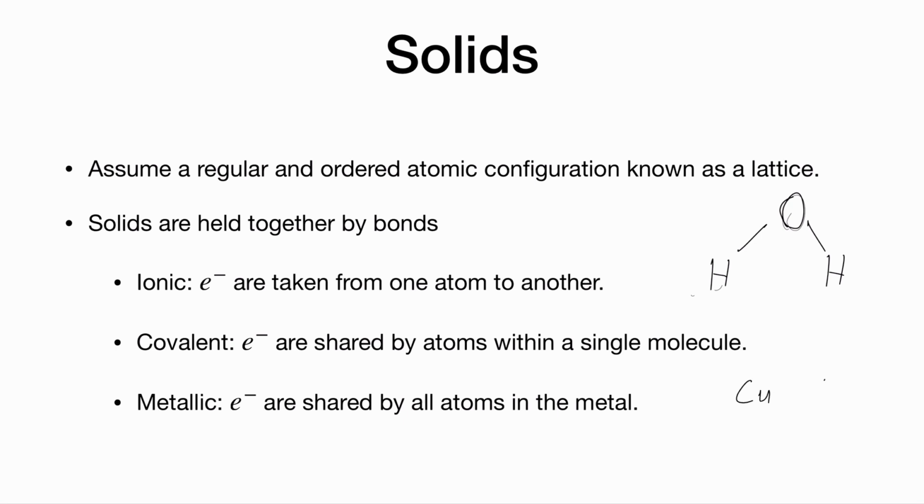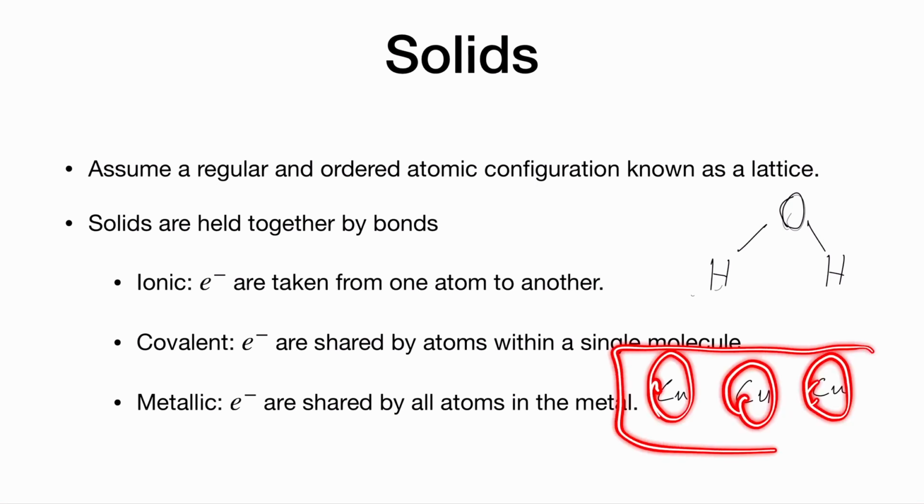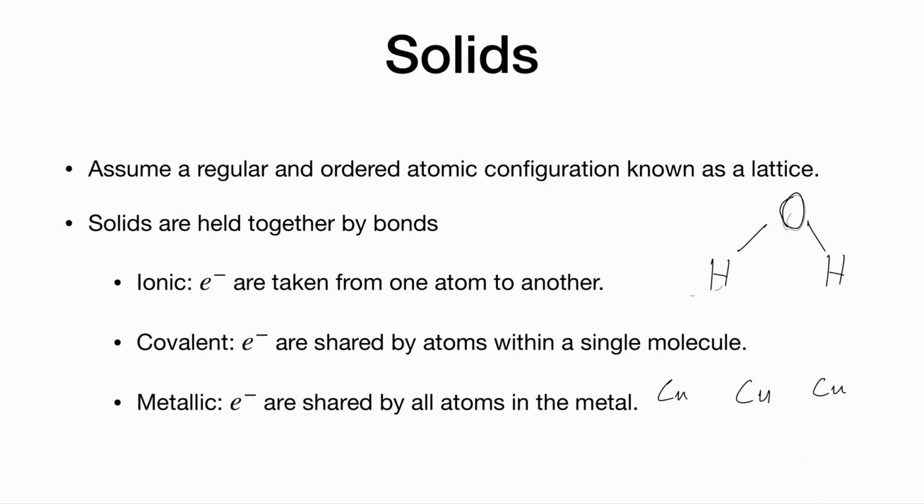If you have two copper atoms like this, the electrons that participate in these bonds are actually not unique. They don't have a sense of belonging to either this atom or that atom, but they are shared among all three. This is just an example of contrasting metallic bonding versus ionic and covalent.